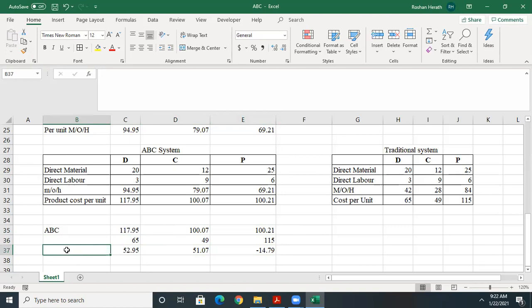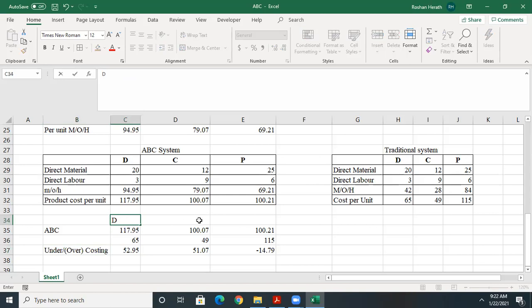costing system. So under the traditional costing system, once you compare it with the ABC, you can identify the overcosting and undercosting. You can see that products D and C have witnessed a kind of undercosting scenario.